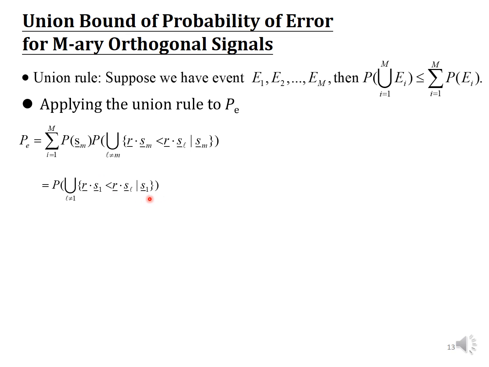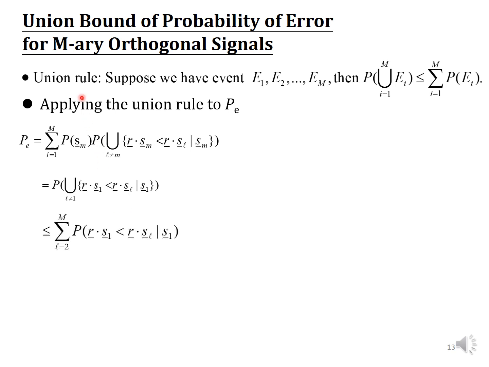Say symbol S1. Given S1 was sent, the error probability of S1 means that the correlation of S1 is less than any of the correlations with Sl, and the union of all the error cases.